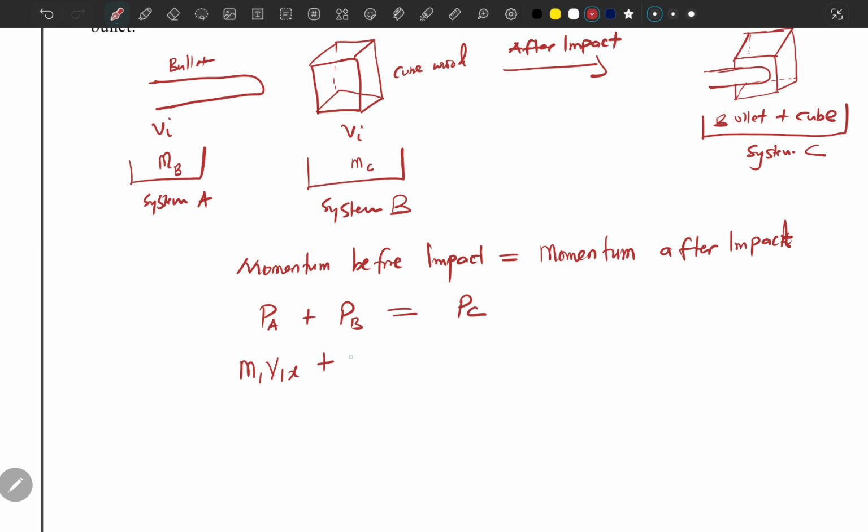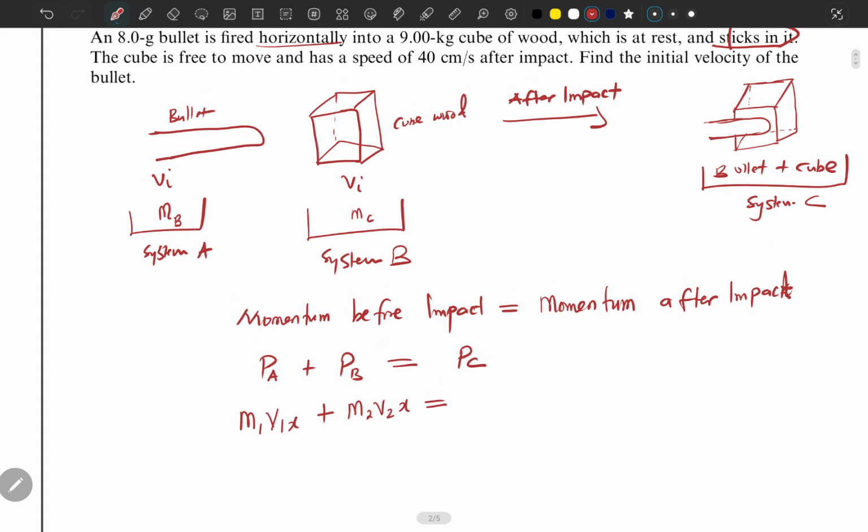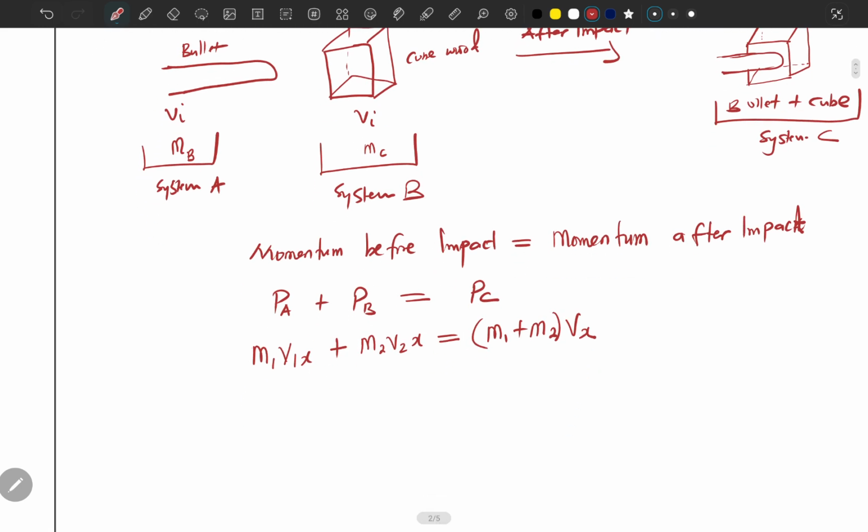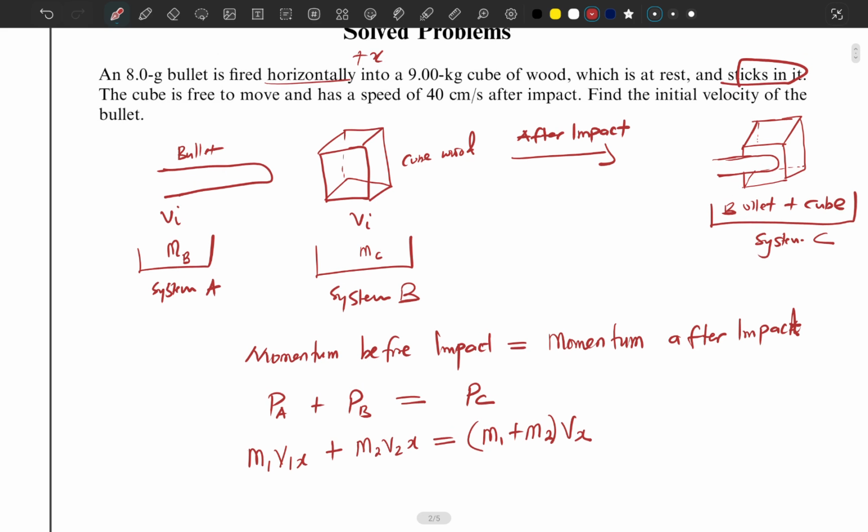Plus mass 2 multiplied by the velocity in the x, which is the velocity of the cube. This is equal to, when they stick together, their masses combine, so we've got mass 1 plus mass 2, and they also have a common velocity Vx. We're looking for the initial velocity of the bullet.